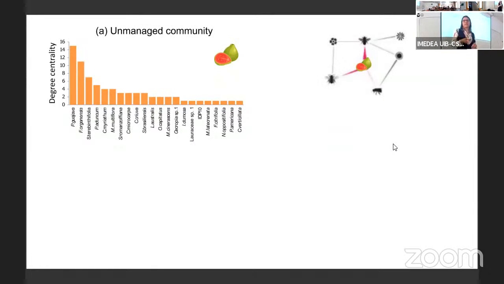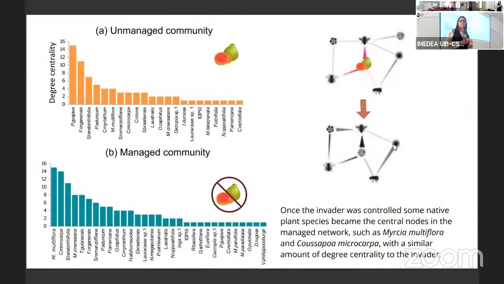And after the guava control, after the invader was controlled, some native plant species became the central nodes. So we can highlight Myrcia multiflora and Colsapoa microcarpa with a similar degree to the invasive plants.